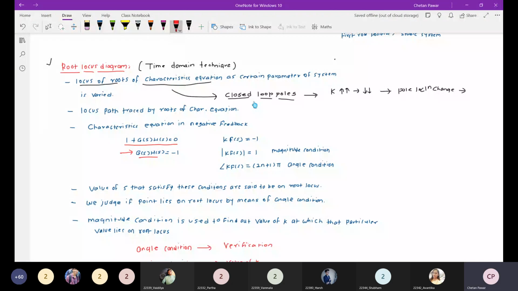It is an open loop transfer function, right? G(s)H(s) is an open loop transfer function.